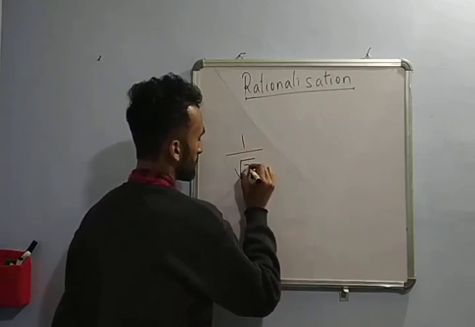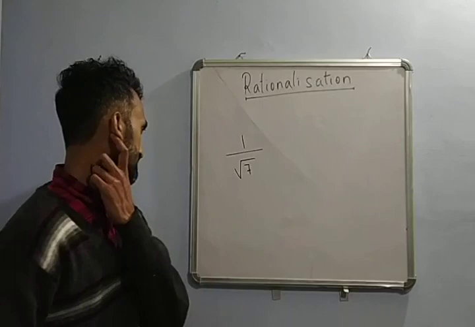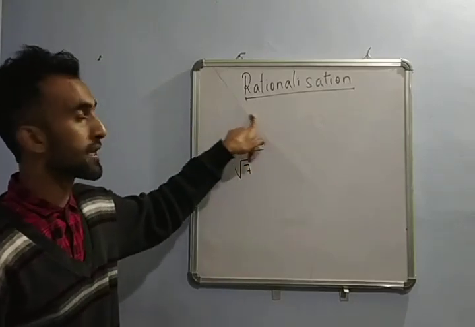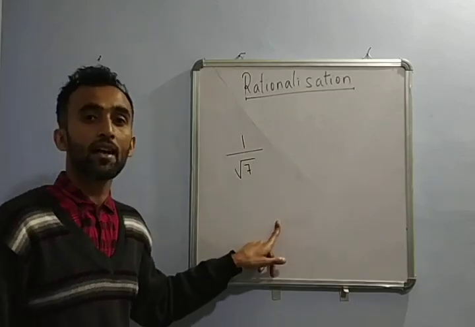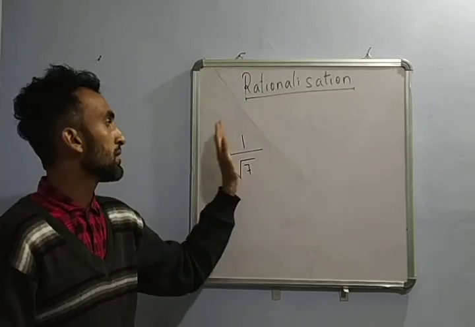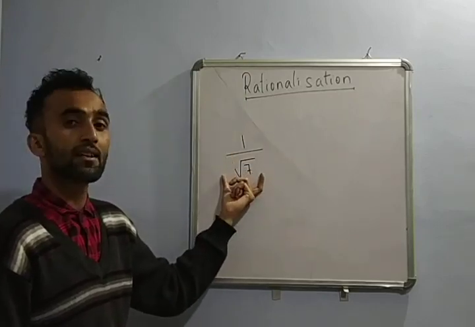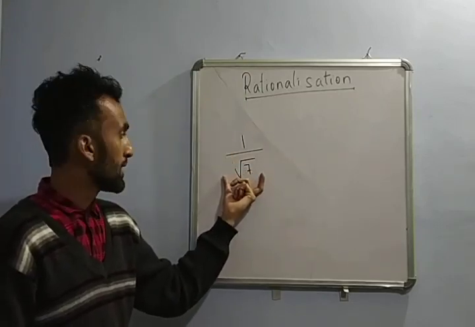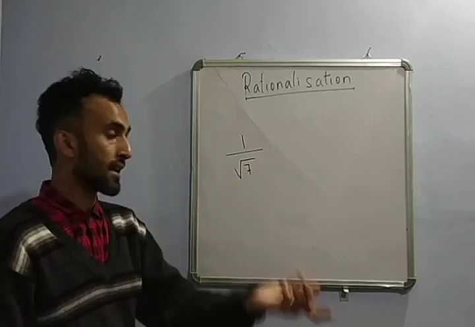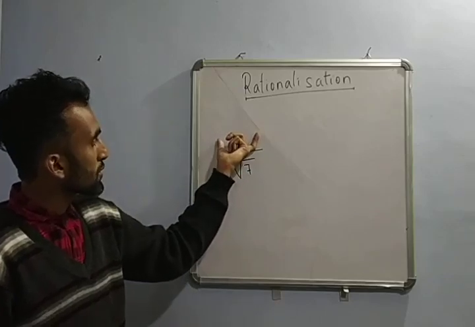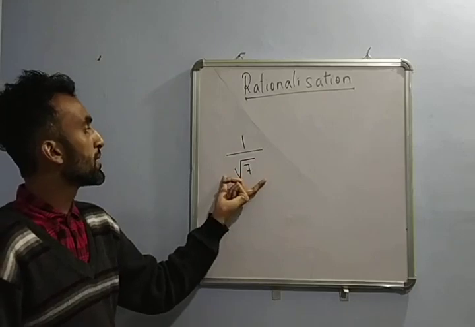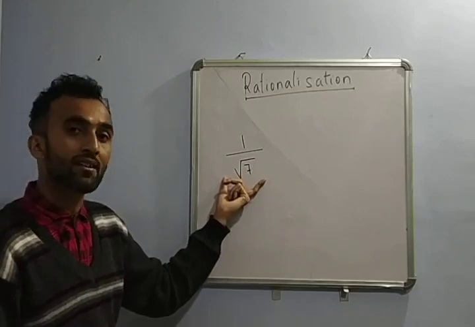Now one example I'll show you. 1 by root 7. What is this? This is an irrational number, 1 by root 7 as a whole. Now I'll multiply something here. I will just rationalize the denominator. Now I will convert the denominator to a rational number. Check. The numerator is already a rational number. Now the denominator is an irrational number.